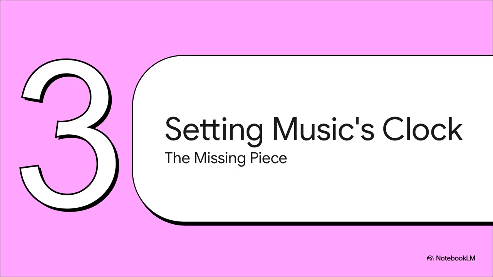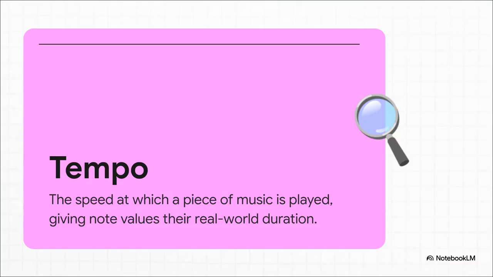Okay, but this brings us right back to that first question, doesn't it? If it's all relative, then what sets the actual speed? What makes a song fast or slow? What gives these notes their real-world timing? Well, the missing piece of the puzzle is something called tempo. You can think of tempo as the speed of the music.